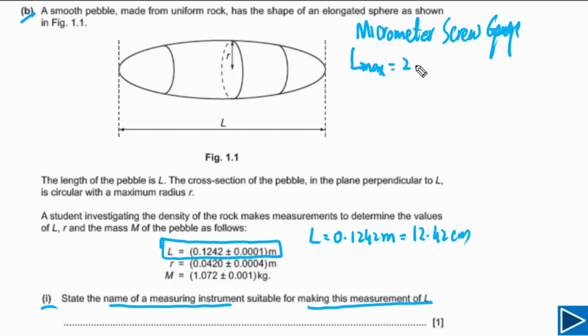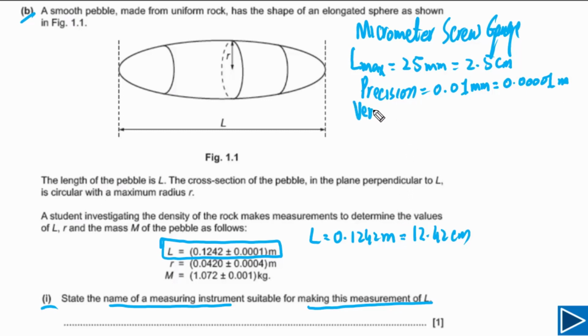The maximum length you can measure with a micrometer screw gauge is 25 mm, or about 2.5 centimeters, and the precision of this one is 0.01 mm, or simply 0.00001 meter.